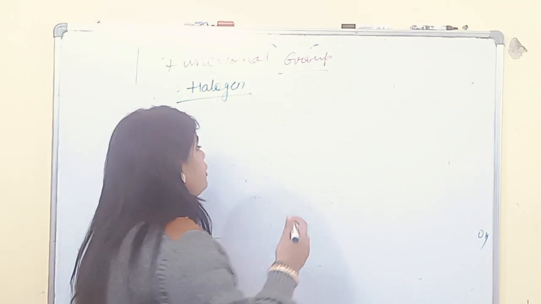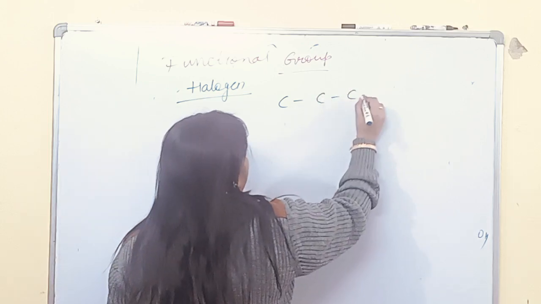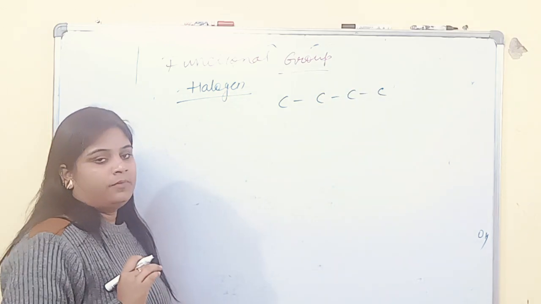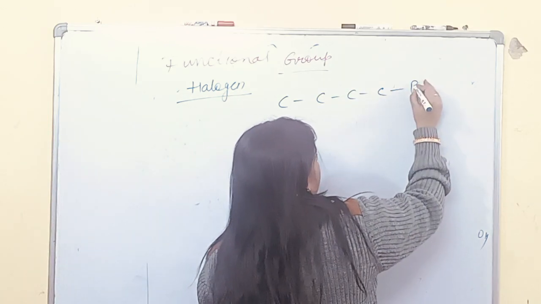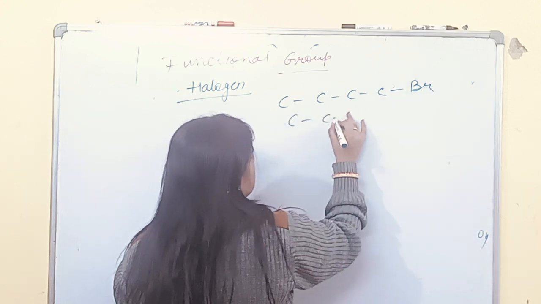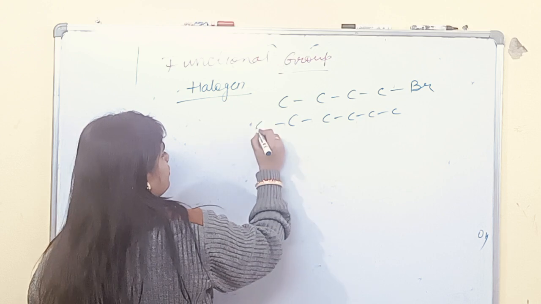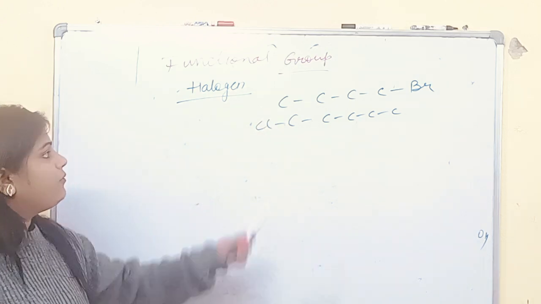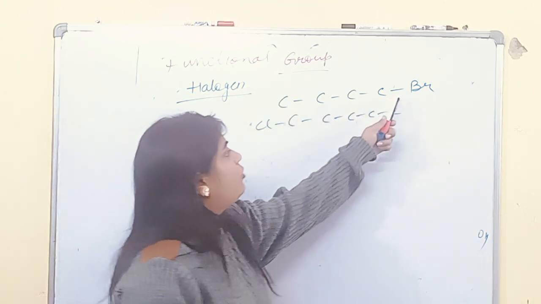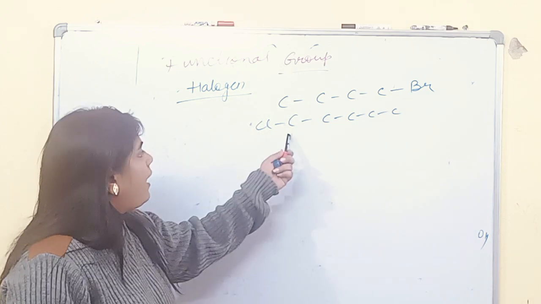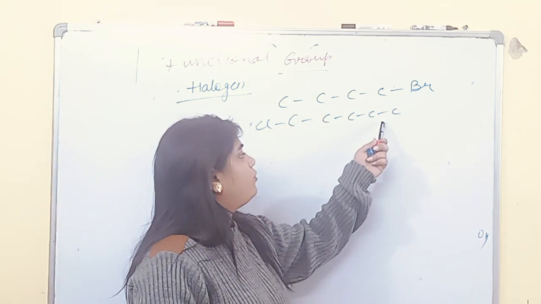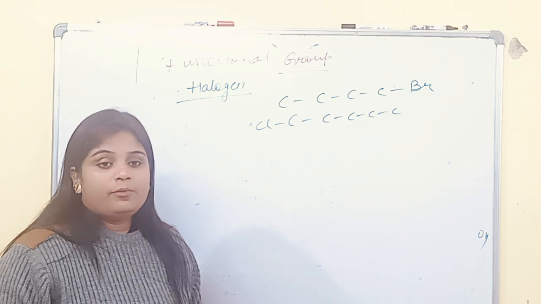Halogen group is chlorine, fluorine. So if we have 4 carbons and 1 halogen group, 1, 2, 3, 4 carbons, and here I have written 1, 2, 3, 4, 5. What will we be doing?